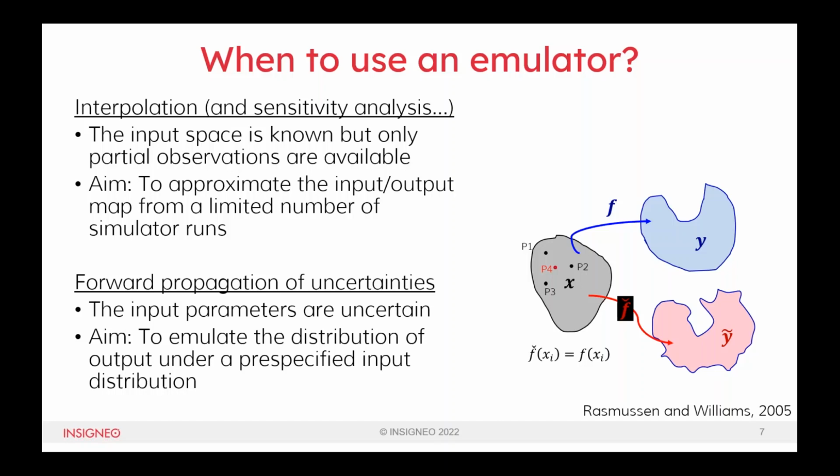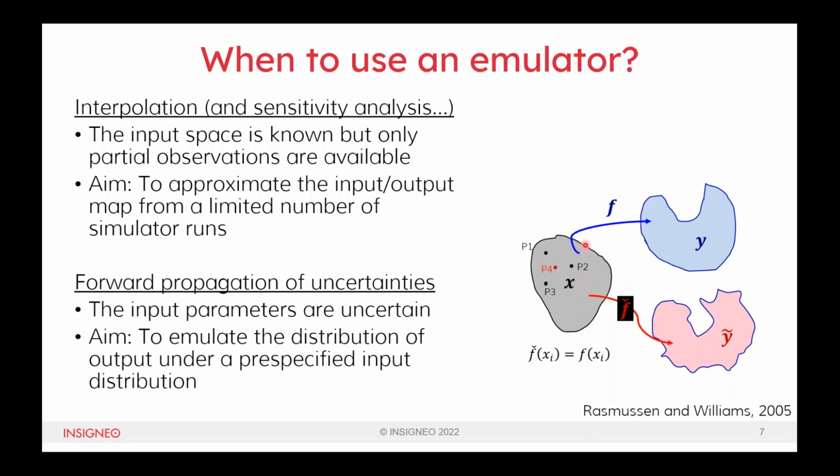Or they can be used for doing forward propagation of uncertainties. Now, the first case is, for example, when we know the input parameter space of the model, and we know what are the values that the parameters assume, but we, for example, know the value of the simulator only in a limited number of points, for example, P1, P2, and P3 in this case.